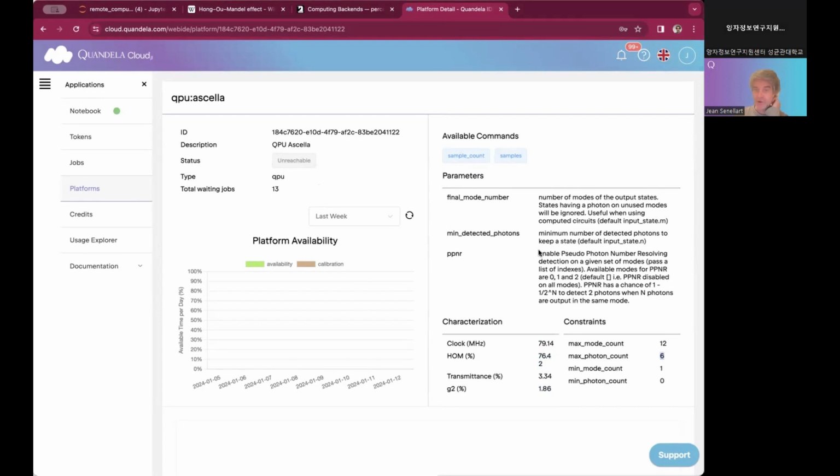And you have some features. For instance, you have a pseudo-PNR feature that you can enable. You have the mean detected photons, if you want to automatically filter out the quantum states that have fewer than 3 photons, 2 photons, or 1 photon. It depends on what you want. So these are basically the parameters that you have access to on this platform.